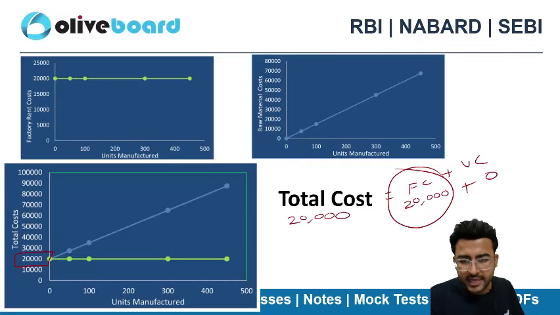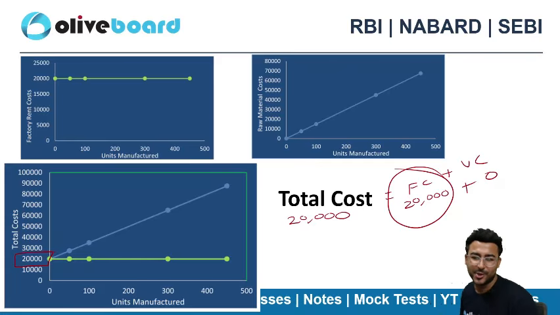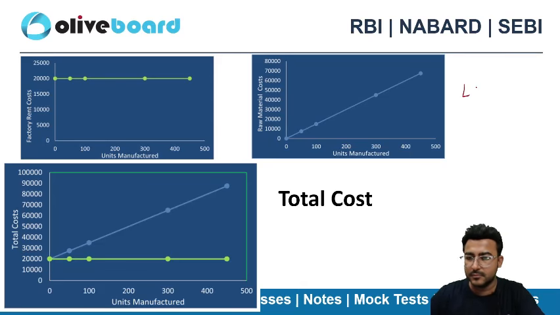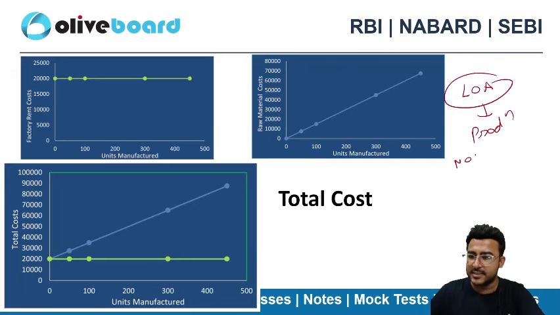So Raju, rent and salaries are always considered fixed cost only, even if they change with time. You have given the answer yourself. They are changing with time, but they are not changing with level of activity. Time is not at all the level of activity here. The level of activity here is production, the number of units that I'm producing.